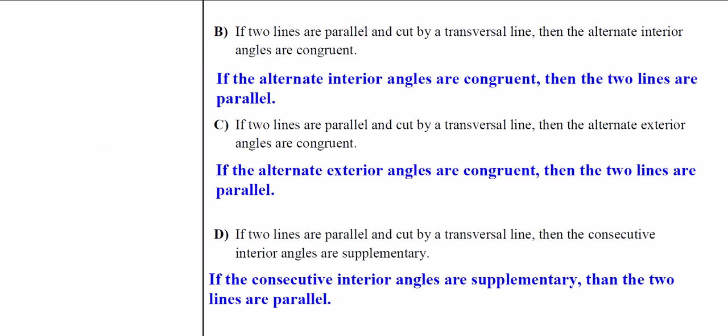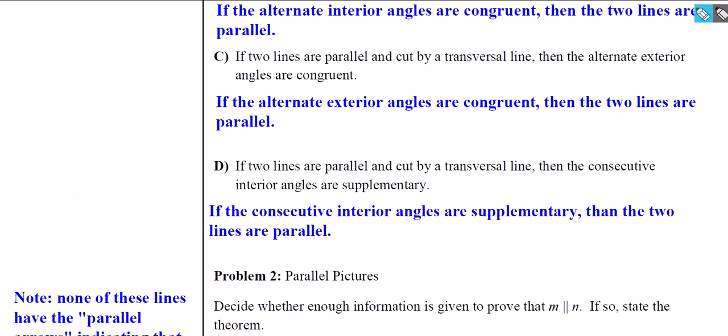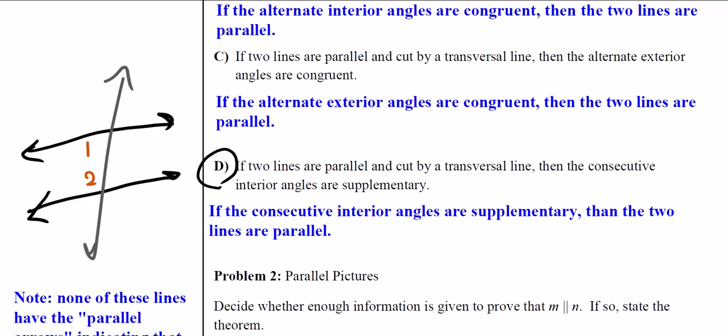So for part C and part D, again, we're discussing the opposite, right? For example, with part D, we have these two angles, angle 1 and angle 2, and we don't see the markings on these lines, so we don't know that they're parallel. But we do know, for part D, that the consecutive interior angles are supplementary. In other words, angle 1 plus angle 2 is 180 degrees.